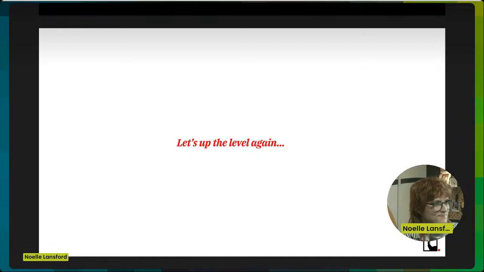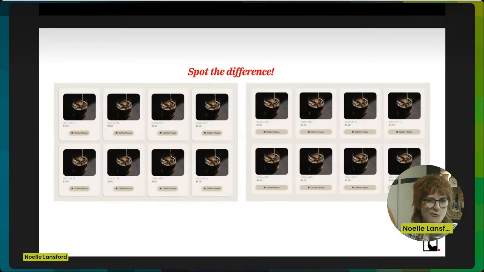So, okay, this is the last version of the spot the difference. Here we go. Okay, what is the difference between this section of cards and the one next to it? Well, we'll just go ahead and spot the difference. This is actually not as bad. It's just static width versus dynamic width.